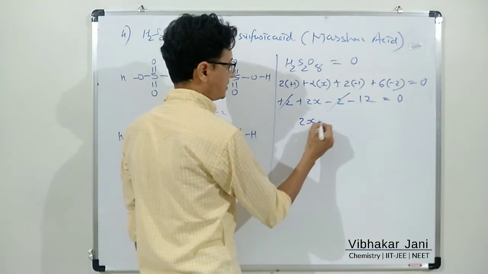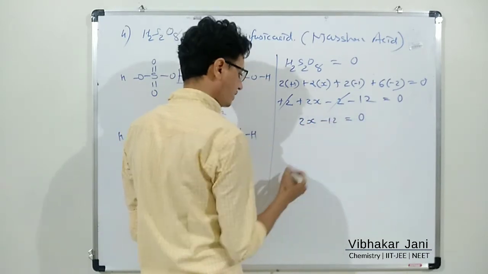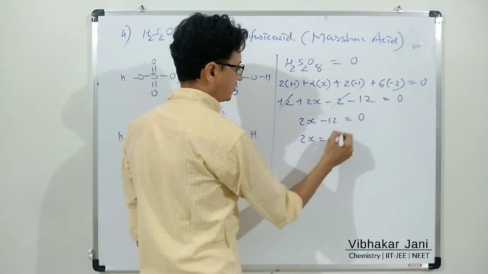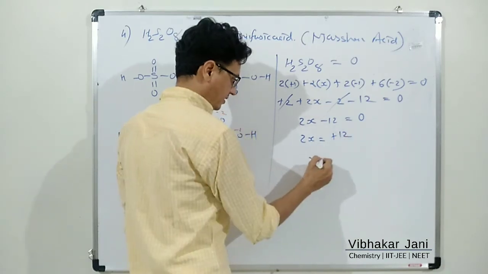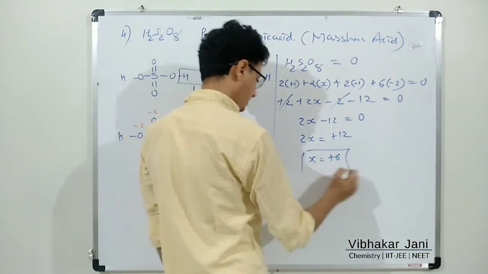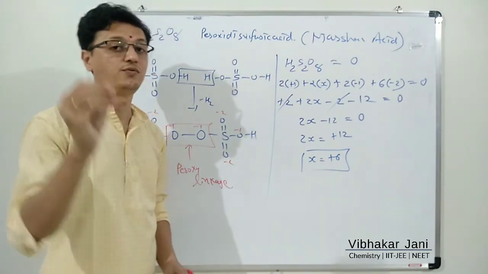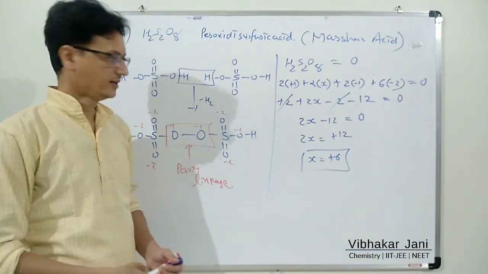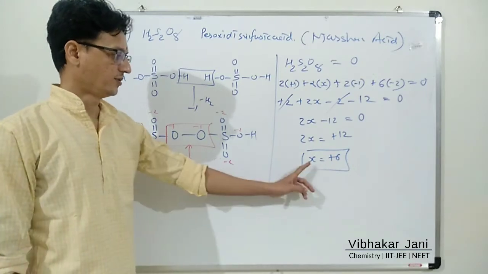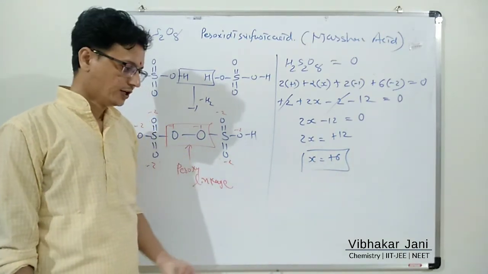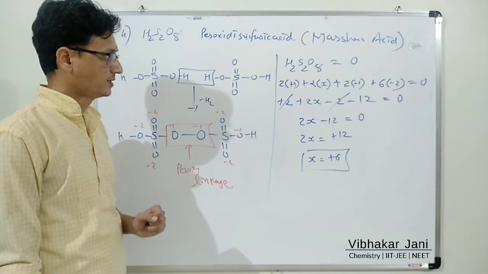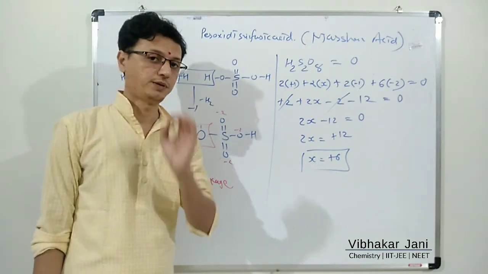We will have 2x minus 12 is equal to 0. So 2x is equal to +12. In that manner, the value of x will be +6. So again, as the name contains sulfuric acid, definitely the oxidation state of sulfur must be +6. So these are some special compounds in which peroxy linkage is present.